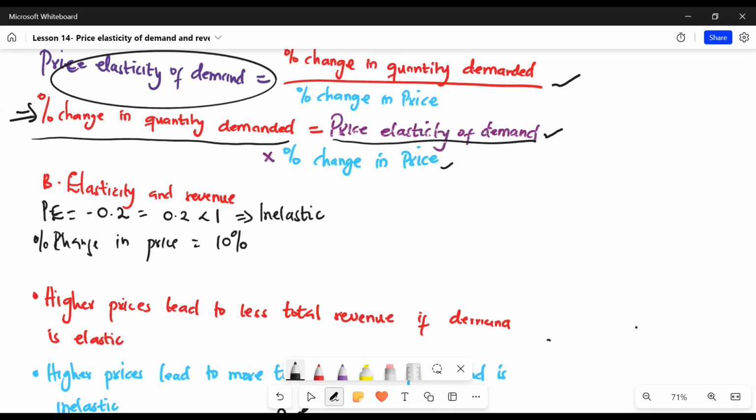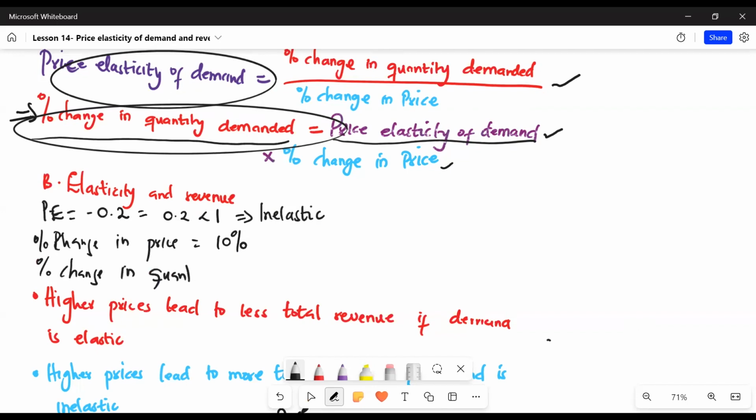Producers can use this formula to project the change in quantity demanded. So to see this, the change in quantity demanded will simply be the price elasticity, which is negative 0.2 in this case, times the 10% increase in price, which is minus 2%.